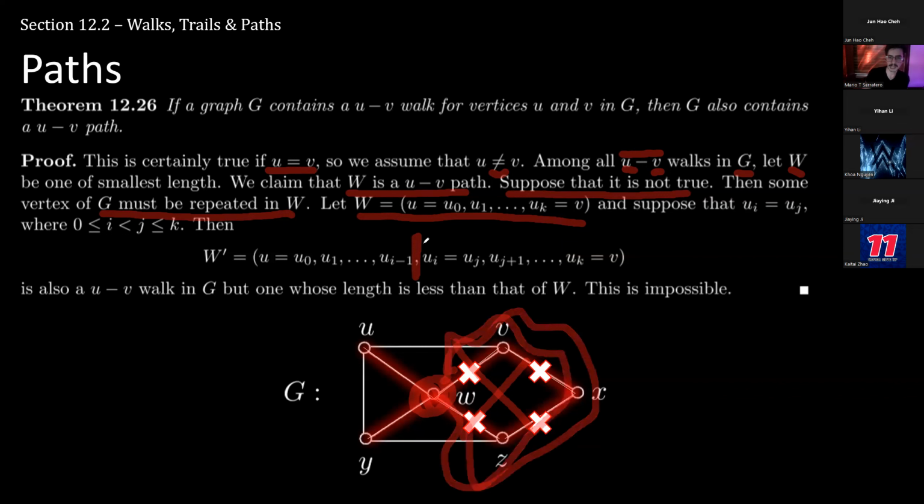All of this, we cut it out. So we go from here to here. We skip all of the other stuff. We make that walk, and now this is a walk whose length is less than that of W. But this is a contradiction, because we started by saying that W is the shortest. So now we arrived at one that is smaller than W, and that is still a walk from U to V.